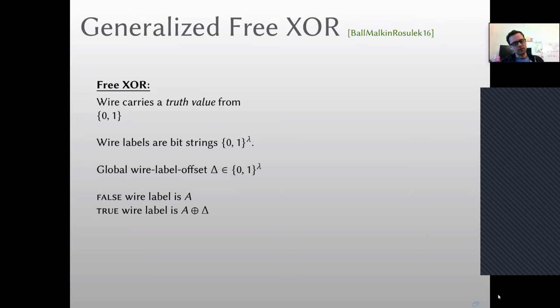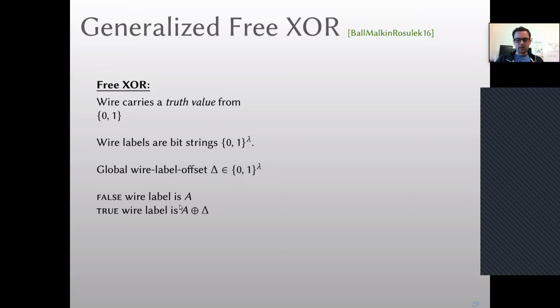So in free-XOR, you have wires in the circuit, and the wire can contain a 0 or a 1. You have wire labels, which are bit strings, and you have this offset, delta, and the offset just means the XOR of the false wire label and the true wire label is delta.